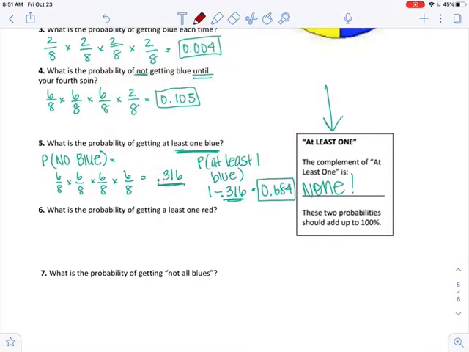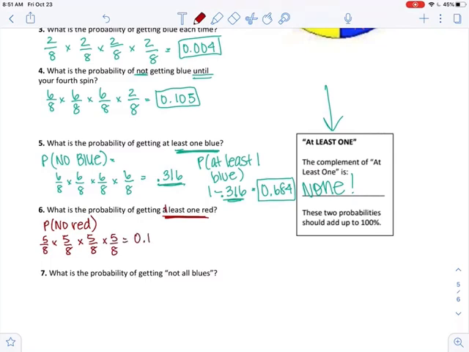Next, we're going to find the probability of at least 1 red. We're going to do the same thing. First, we find the probability of none, of no reds. If we look at the chart, I believe we have 3 reds on there. So the probability of not getting a red is 5 out of 8, because there are 5 on there that are not red. So we're going to multiply 5 out of 8 4 times because we're spinning it 4 times.